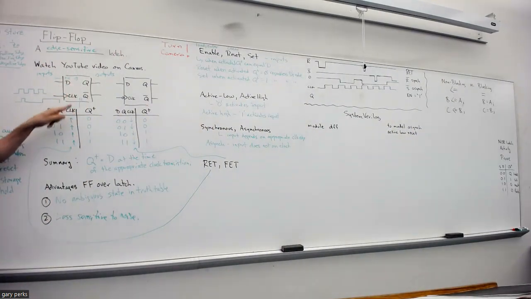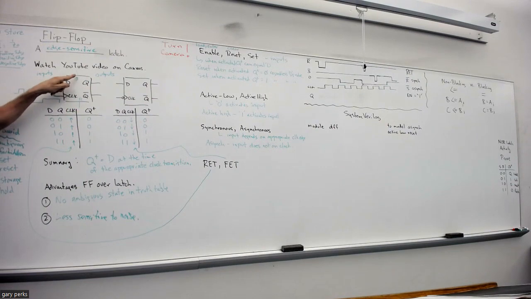I already mentioned that these inputs are shown on the symbol like I've shown here. Now, if there's not a little bubble, like I didn't put a little bubble on these inputs, that means it's active high. So this would be a way of showing an active high set, an active high reset, and an active high enable.